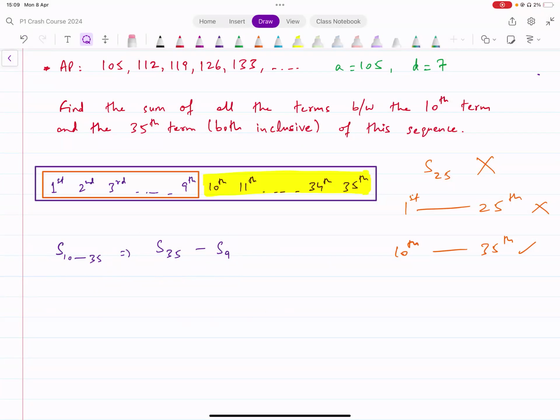Does that make sense? Yes, sir. So it will not be S35 minus S10.